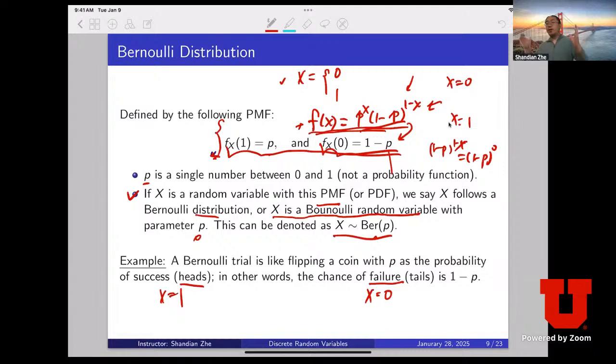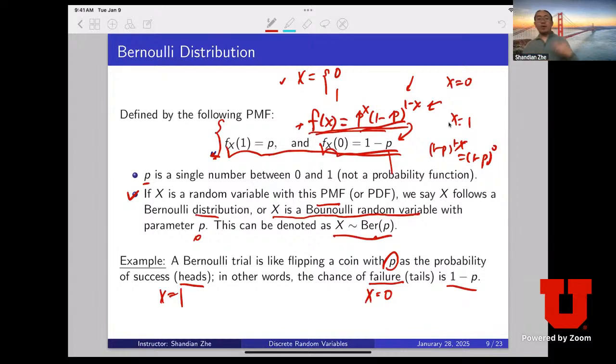So basically, the Bernoulli distribution can describe the experiment where you flip a coin with probability p of seeing heads and probability 1 minus p of seeing tails. Does it make sense?